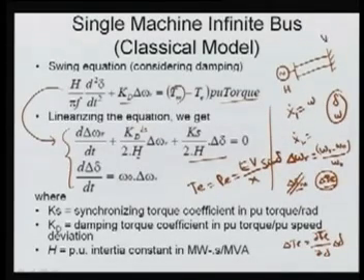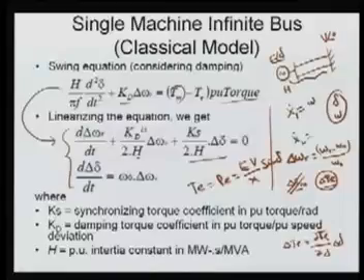So this is your V angle 0, and here it is your E angle delta. These are the two voltages, E is the internal voltage, and X is your total impedance of the system, including the transmission line, the generating transformer if there is one, and the internal impedance of the machine as well. So this X includes all of it.